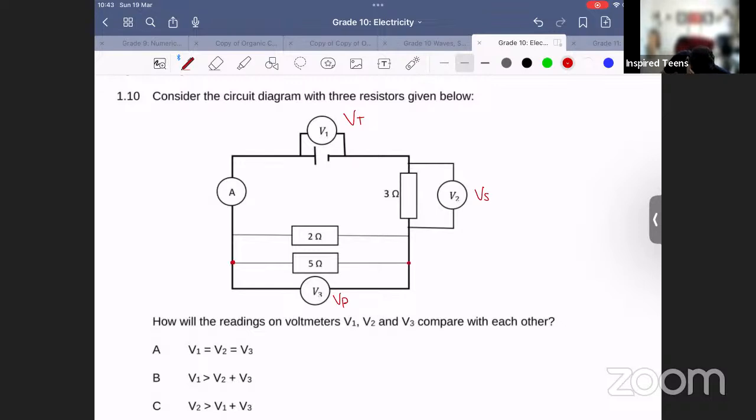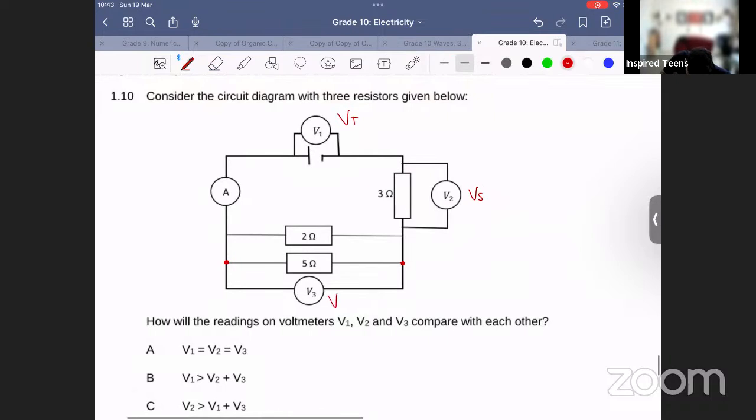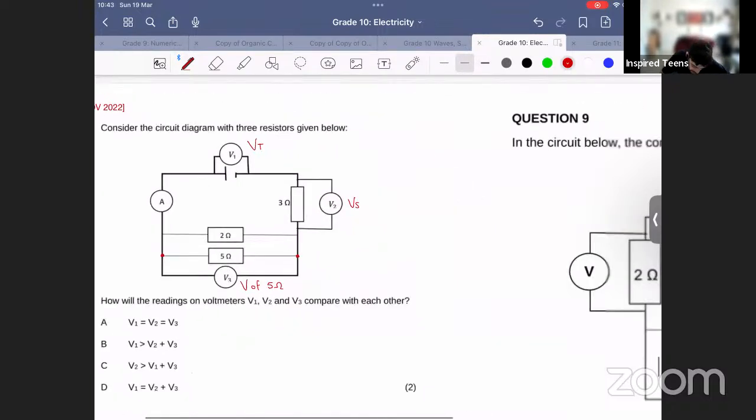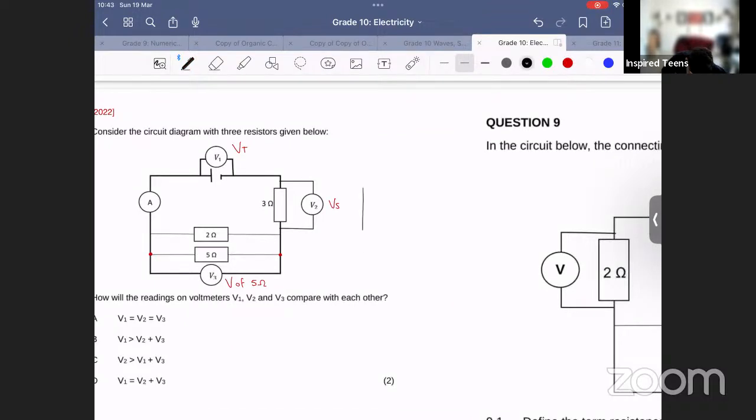Technically, it's actually not reading the entire parallel. It is reading parallel, but it's reading the voltage of the 5 ohm resistor, because it's on the circuit for the 5 ohm resistor. If I have to redraw this, I could literally redraw it like this: 5 ohm resistor, 2 ohm resistor, voltmeter.